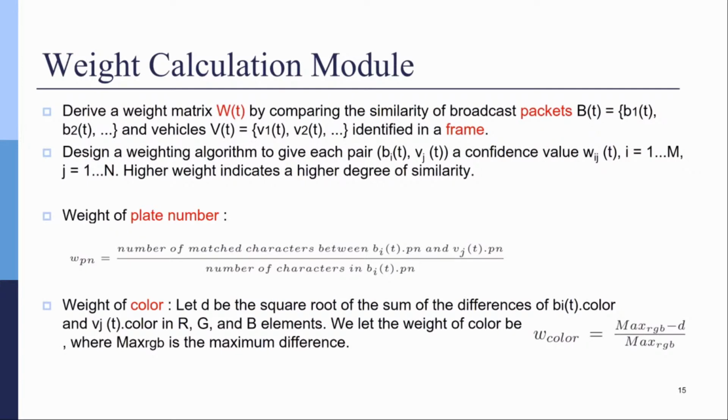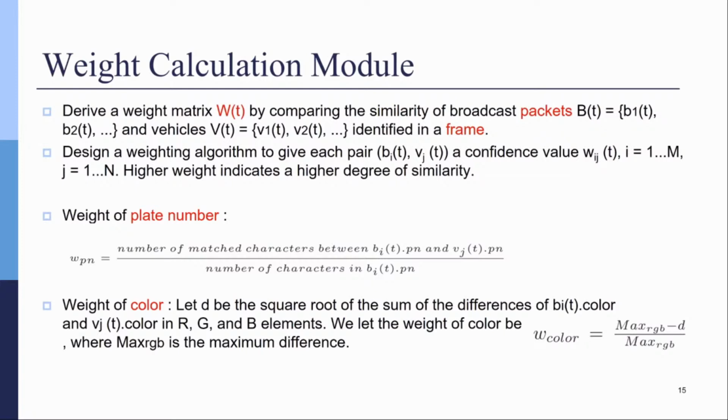This slide shows how the weight calculation module derives the weight between any vehicle BJ in the field of view and any broadcast packet BI from the neighboring cars. In fact, the weight calculation is comparing the similarity of the content of a broadcast packet and a vehicle object in the camera.